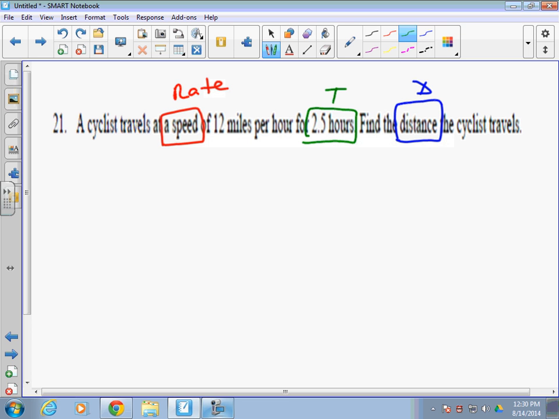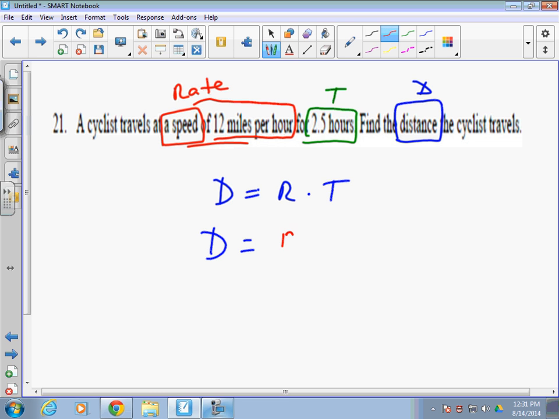So we have a rate, and I'll just include that one, of 12 miles per hour. That's our rate. That's our speed. We're looking for, it says find distance. So you want the formula that starts with a D. Distance equals rate times time. So we don't know what our distance is. D equals. Our rate is 12 miles per hour times our hours is 2.5.